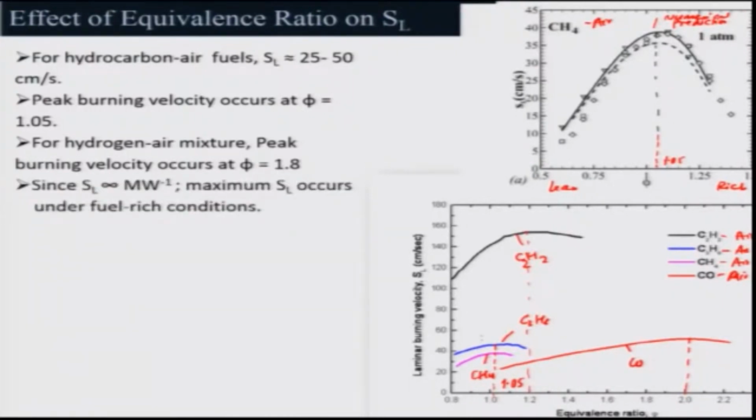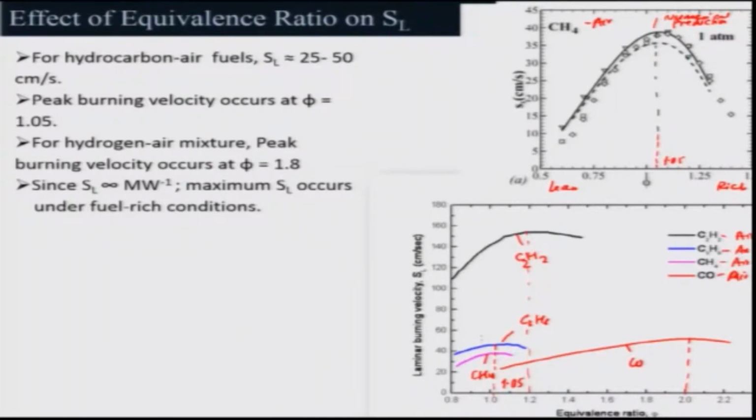How to explain this is very important, because for CO, carbon monoxide, acetylene and hydrogen air, the peak laminar burning velocity is occurring at rich conditions, unlike the hydrocarbon air or unsaturated hydrocarbon air, where the peak is occurring around equivalence ratio of 1, generally 1.05.